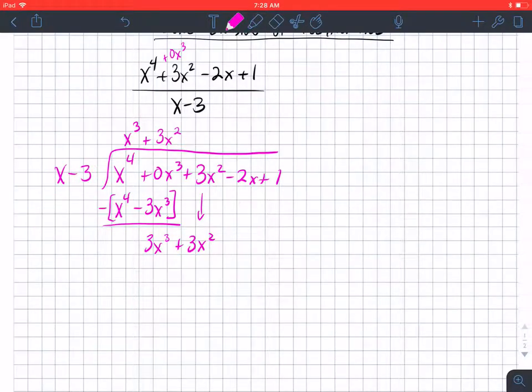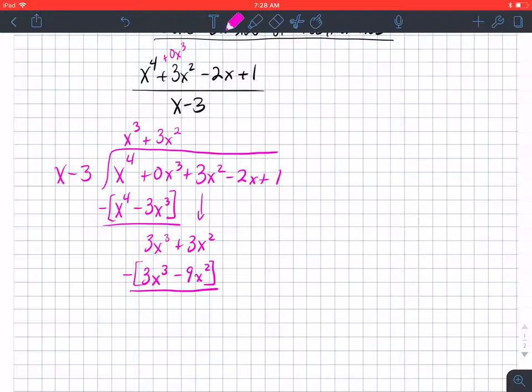So 3x squared times x is 3x cubed. 3x squared times negative 3 is minus 9x squared, and I subtract away that quantity. Now I put brackets or parentheses so I don't forget to distribute the negative. Many students make mistakes here; they forget to distribute the negative right there. That negative gets lost along with that negative.